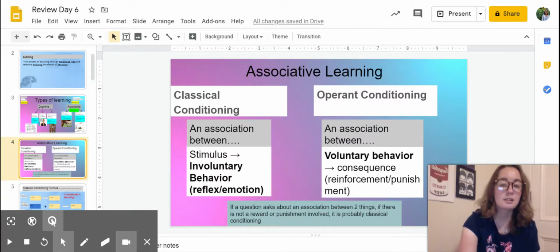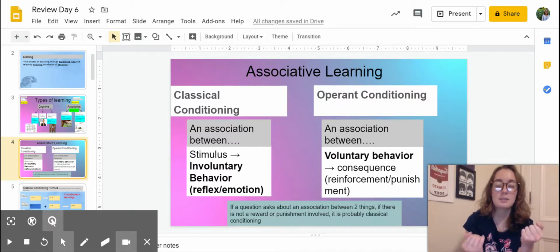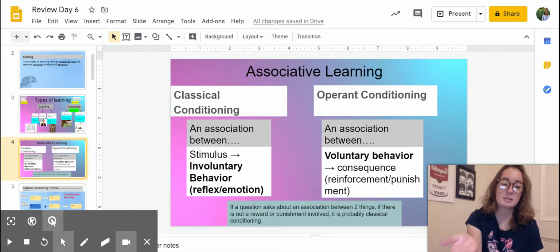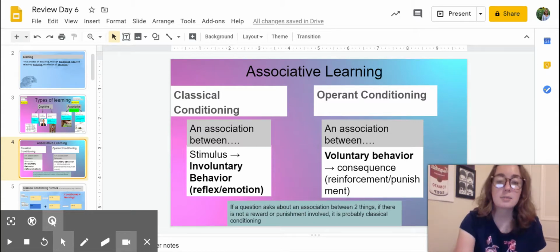So the main thing we need to know is that classical conditioning is when you're associating a stimulus with an involuntary behavior or response. So providing a stimulus, or just something kind of in the environment, is going to evoke or elicit a certain involuntary behavior or response. And the key, most important thing you need to know about classical conditioning is that it's involuntary behavior.